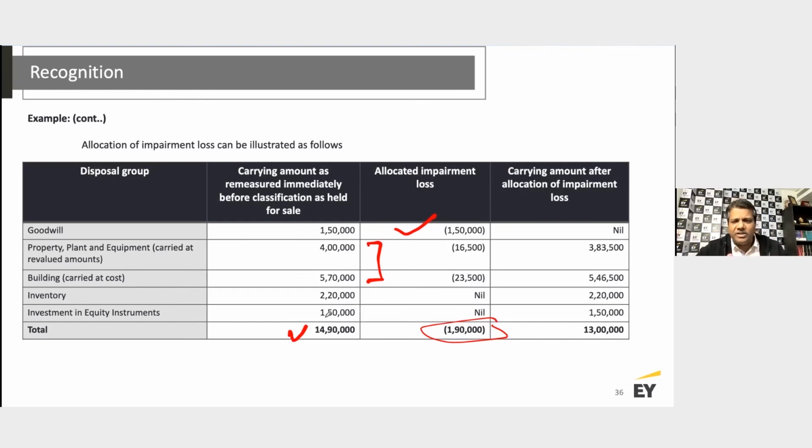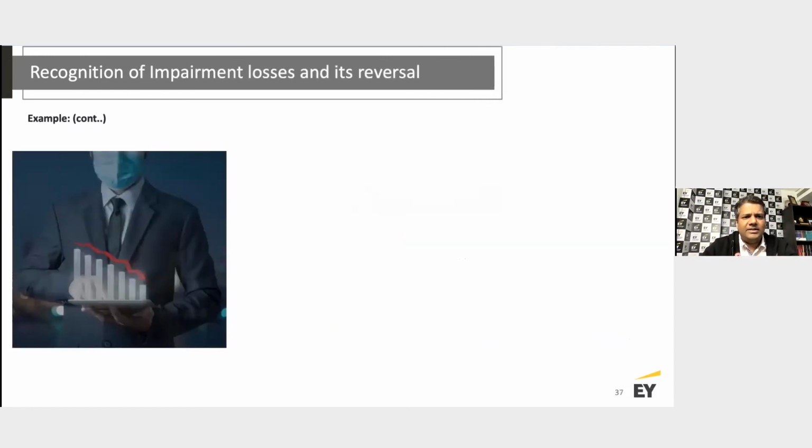Similarly, investment in equity instruments is measured at fair value under Ind AS 109, so again you don't need to do anything, it's already at fair value. So that is where you allocate the impairment loss of the remaining amount of 40,000 in the same proportion, and then you get the revised amount of 13 lakhs. Let's just quickly do the math here.